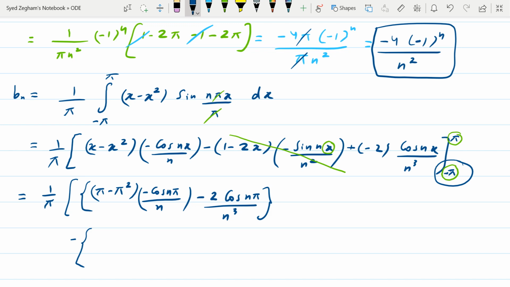Okay, so what we get, minus pi minus pi whole square minus cosine n times minus pi divided by n.